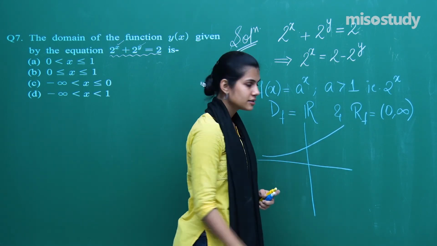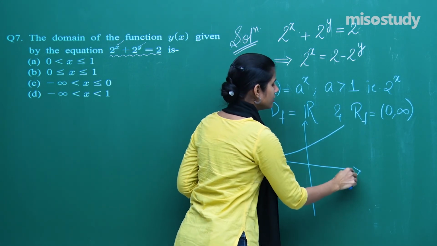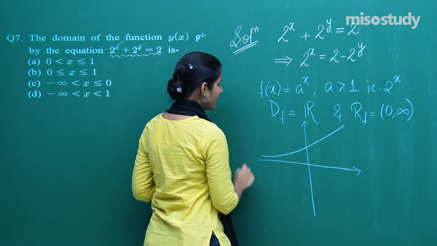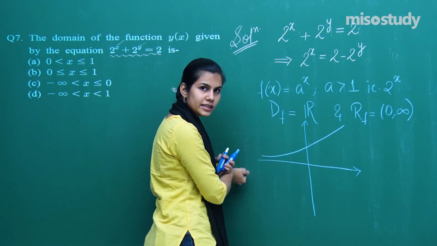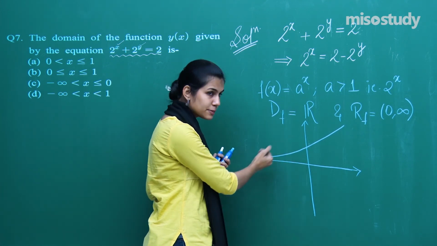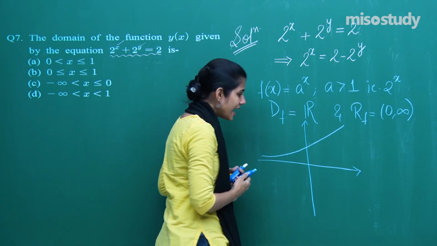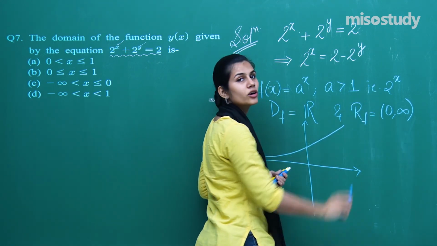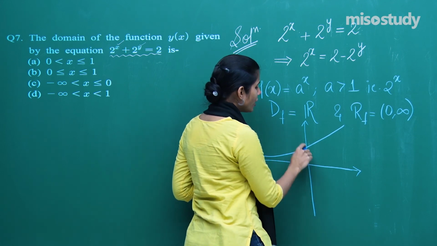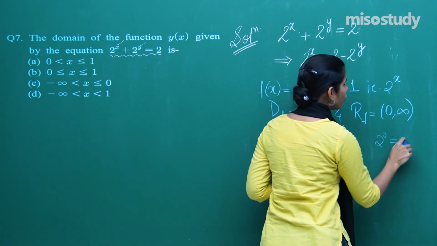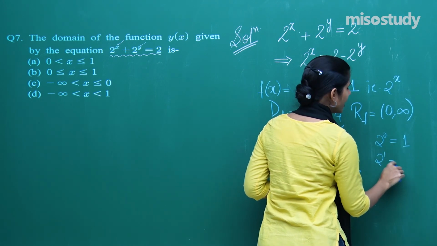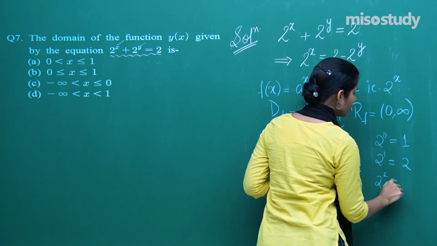The graph which will be formed is like this. Well, this is nothing but minus infinity. As you keep on decreasing your x, the graph keeps on decreasing. And as you increase your x, it keeps on increasing. At the point 0, the value attained is 1 because 2 to the power 0 is 1, 2 to the power 1 is 2, 2 to the power 2 is 4.